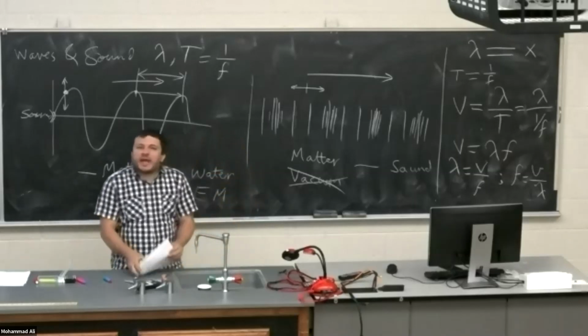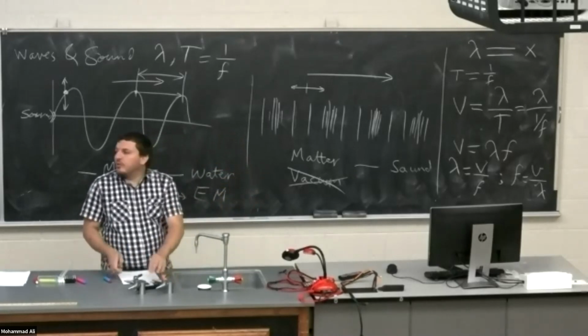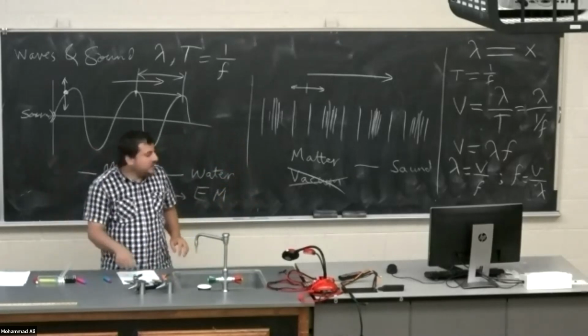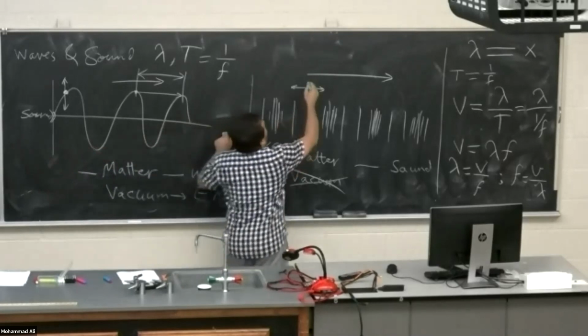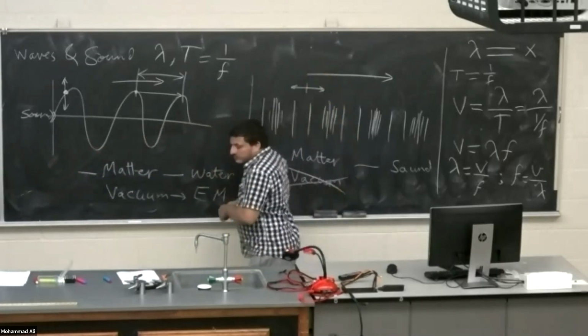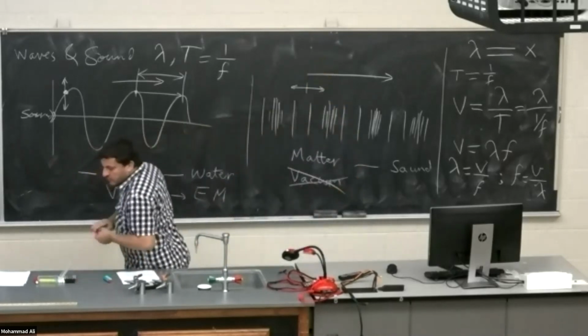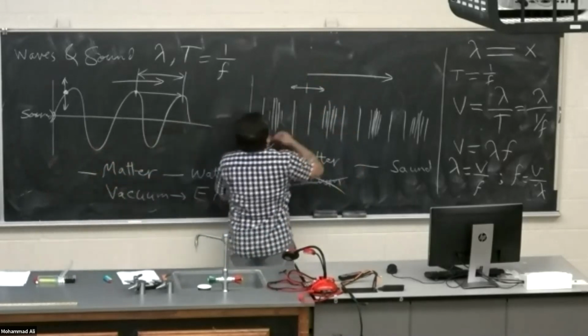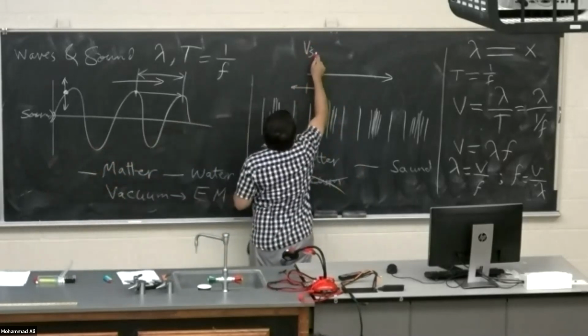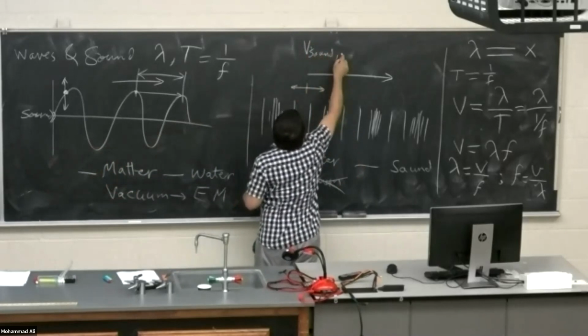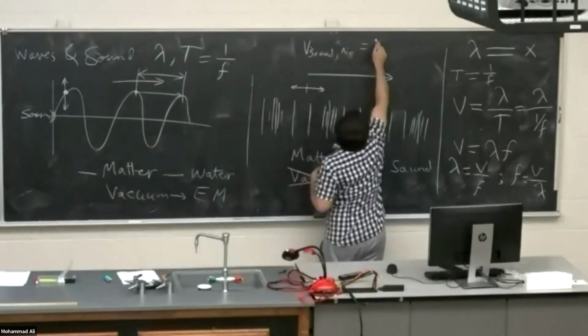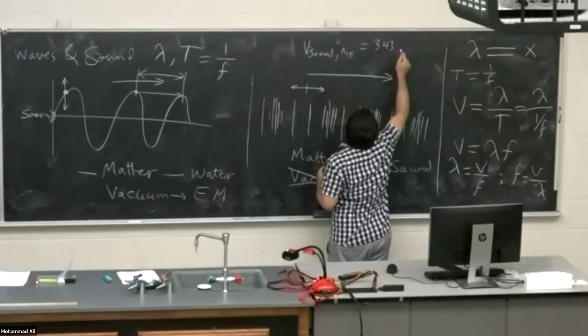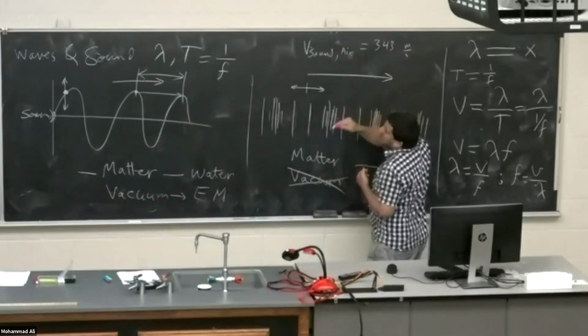Now, for example, we can hear the sound through the air. Its speed, velocity. The velocity of the sound in air is equal to 343 meters per second.